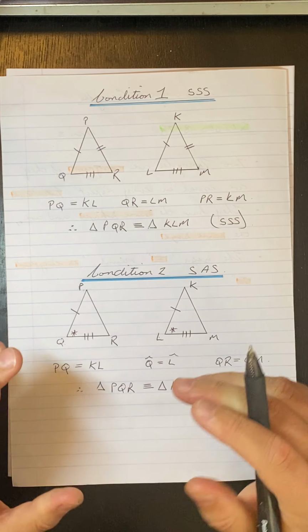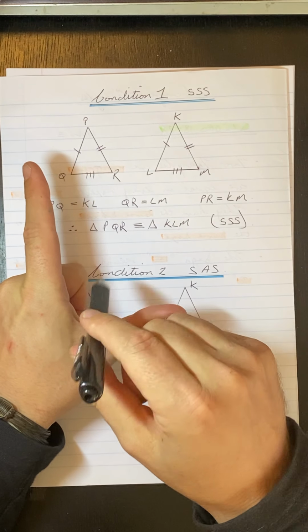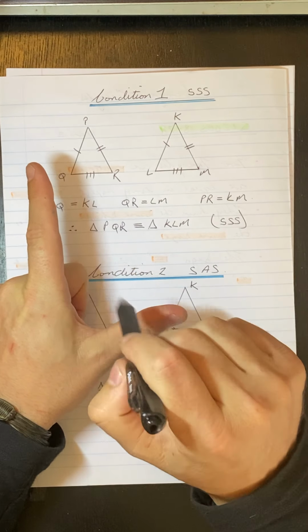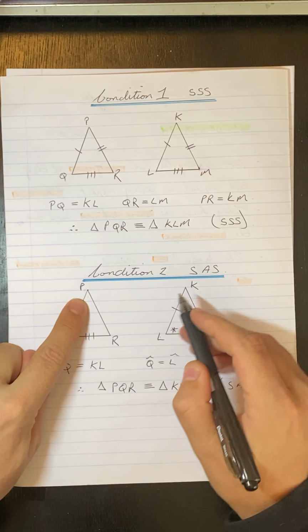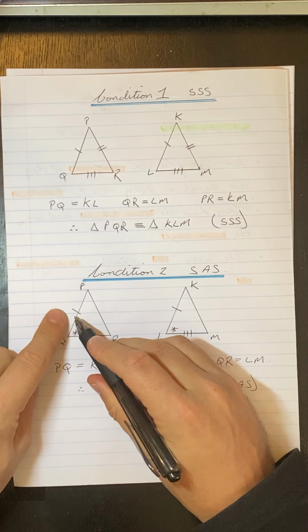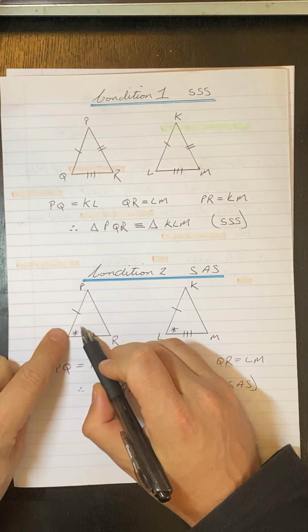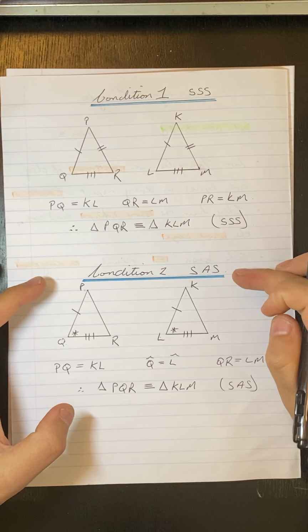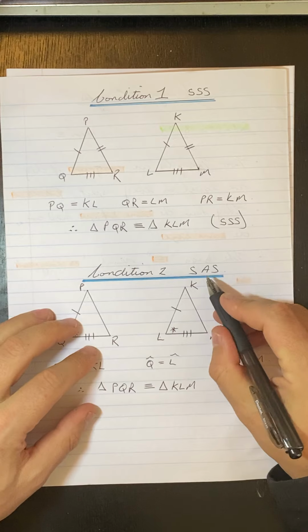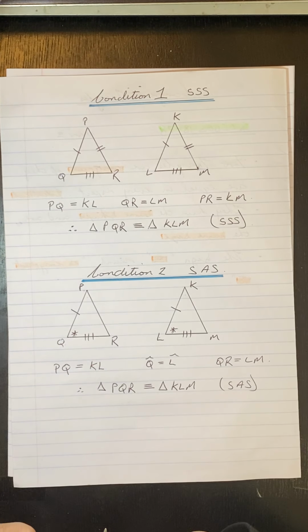In other words, you've got to have your two sides like this, and it's the angle between those two sides. You can't have this angle equals this angle, and then those two sides are equal, because this angle here is not the inclusive angle of the two sides. So that is the important thing for condition number two. This angle needs to lie between the two sides that are equal.